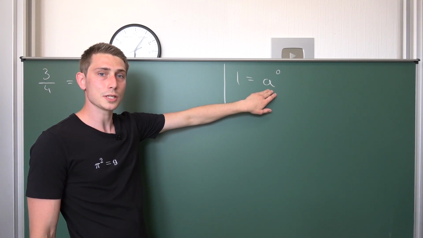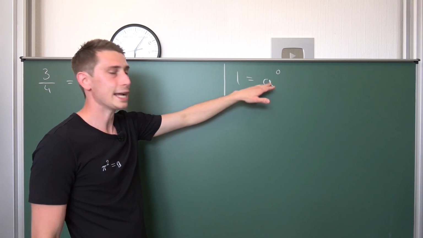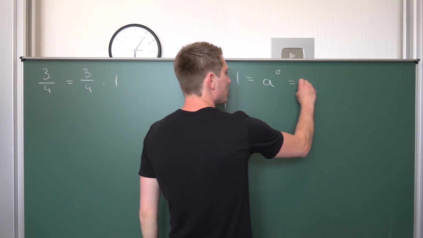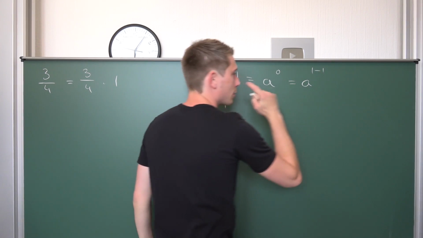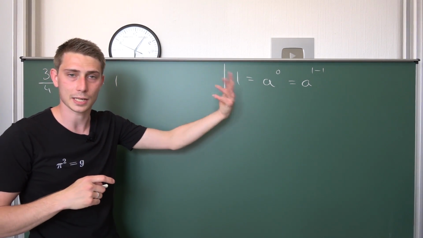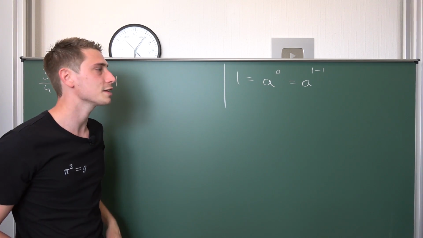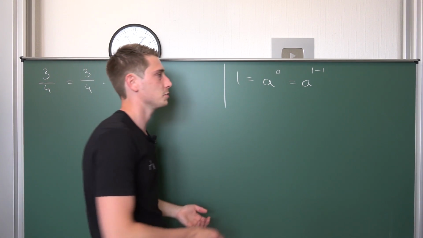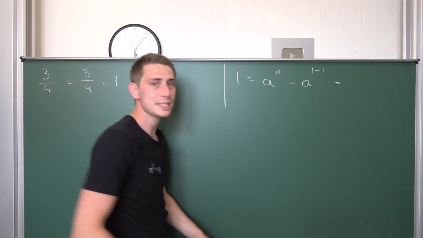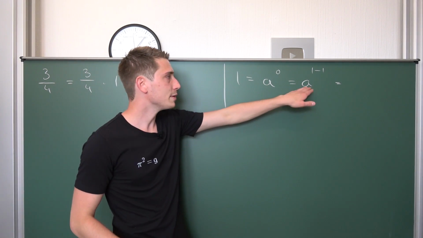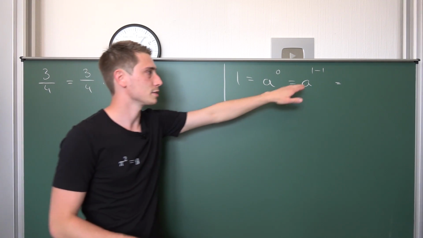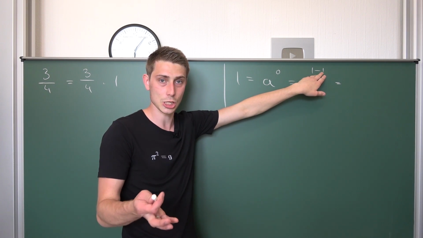Now, we also know that a to the 0th power is nothing but a to the 1 minus 1th power, because if you have 1 apple and I take it away from you, you're not going to have any apples. It just is what it is. Now we are going to make use of the exponentiation rule for same bases and different exponents: this is basically an addition on the exponent.